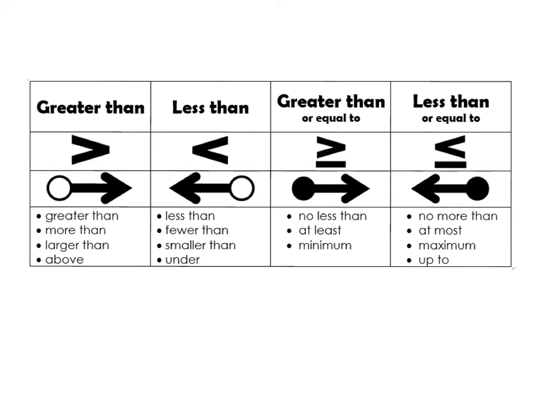Remember, less than means that we're going to be pointing to the left. It means less than, fewer than, smaller than, or under. So it means under that number. Now I'm going to look for the wording at least, and I see here that the wording at least pops up under my greater than or equal to inequality. So I want numbers that are greater than or equal to 4.